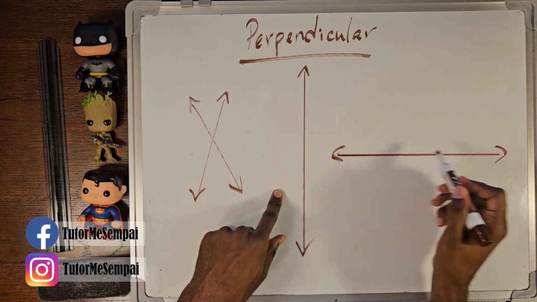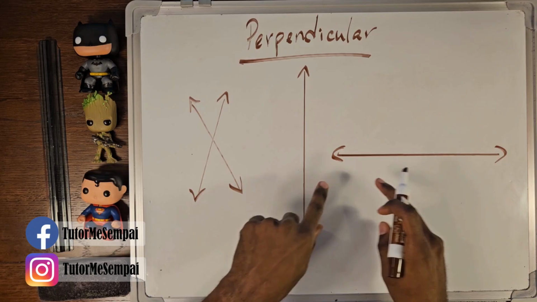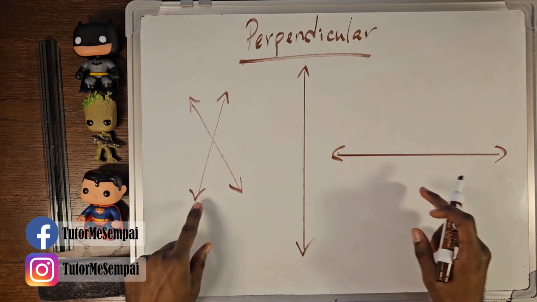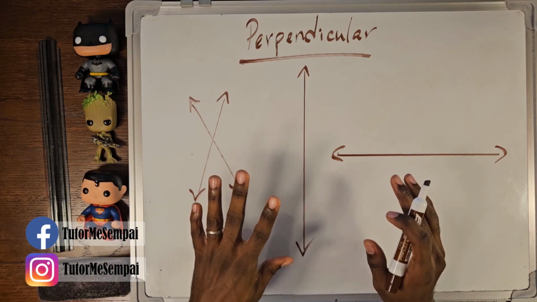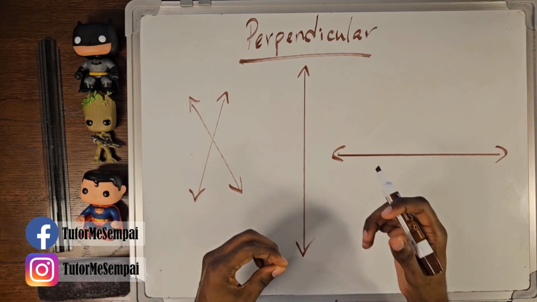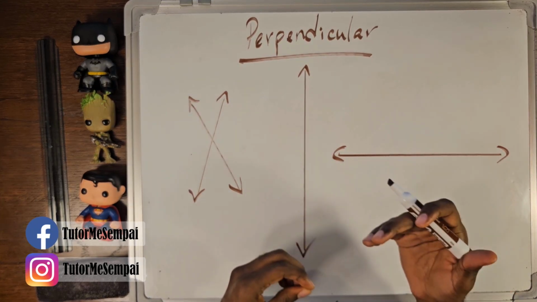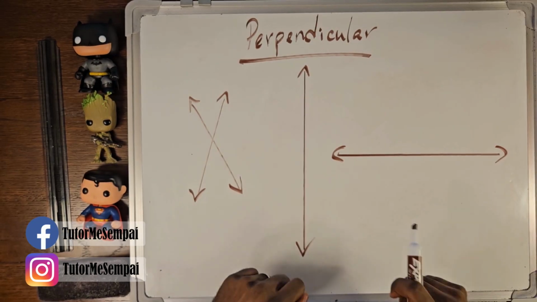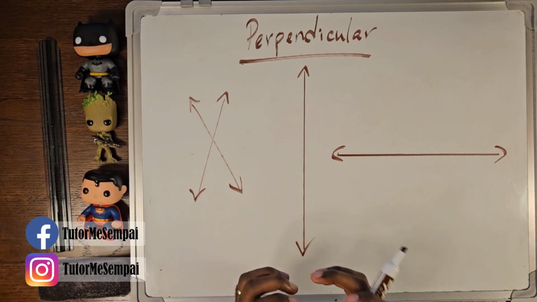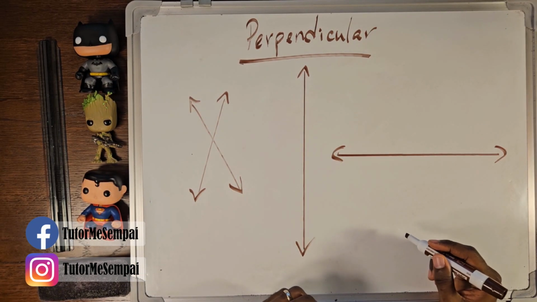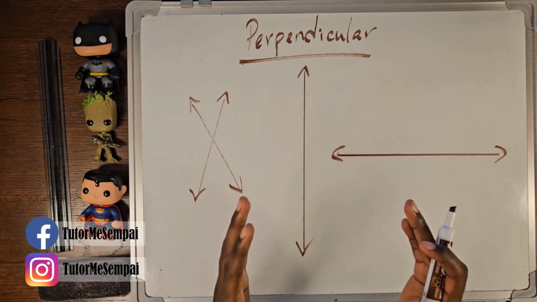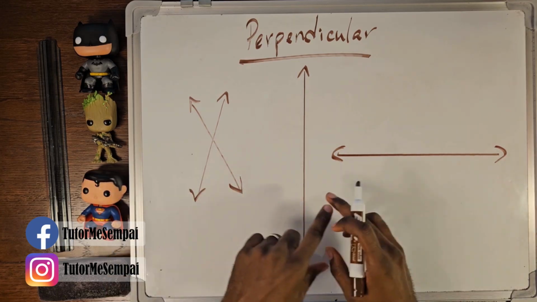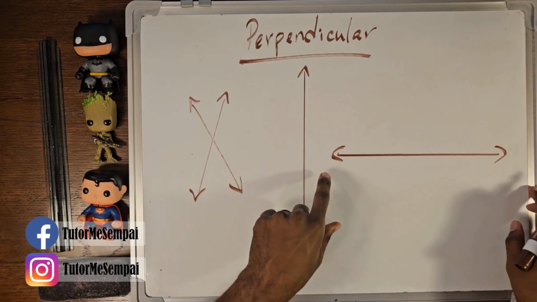If you were to extend these out, you would notice that when you touch, because you will touch, you're going to form that 90-degree angle. Therefore, these two lines are perpendicular to each other. They may not be touching right now, but they will touch as you continue this line forever and ever.